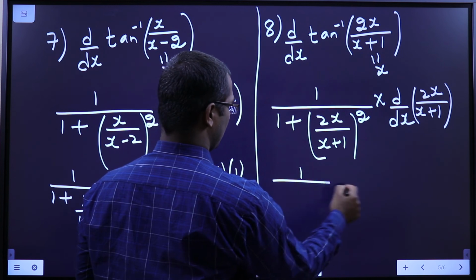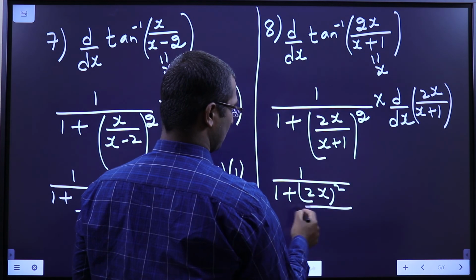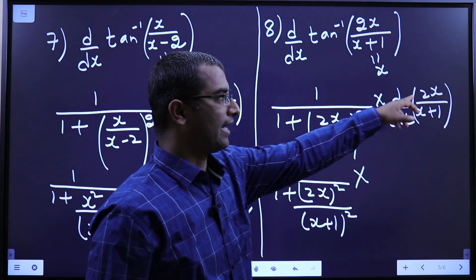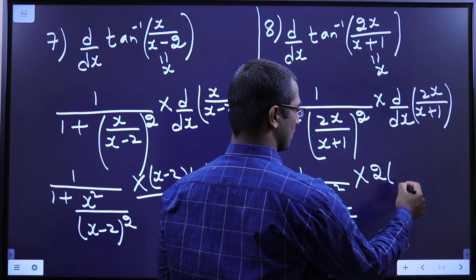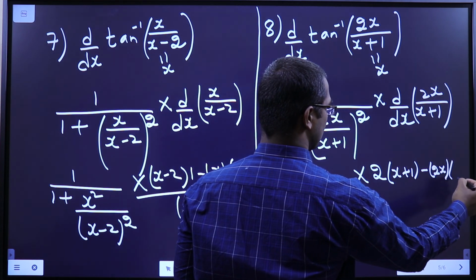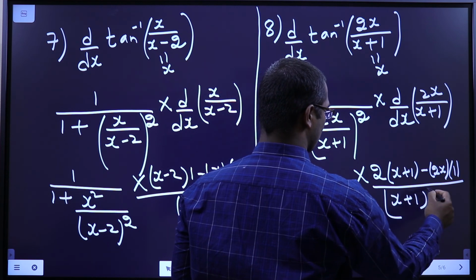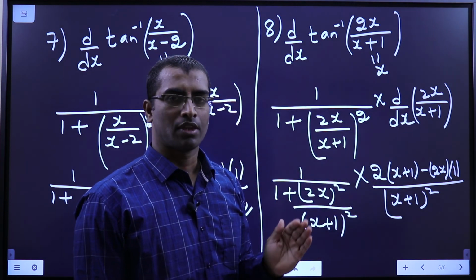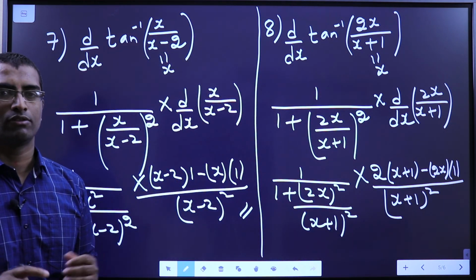So that will result in, apply the square to numerator and also to the denominator, into, I need to go with the u by v rule here. So if I differentiate 2x, I get 2, and then x plus 1 as it is, minus 2x as it is. If I differentiate x plus 1, I get 1, over x plus 1 whole square. This I got by using the u by v rule. Is it clear? This video is all about the tan inverse formula and how it's applied.